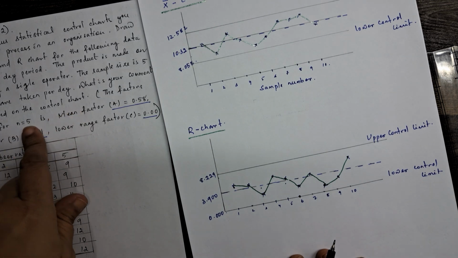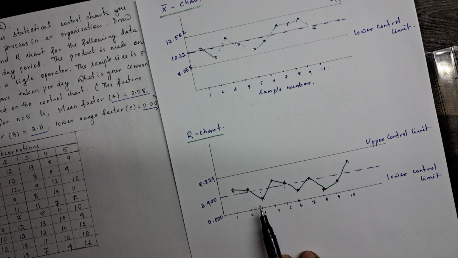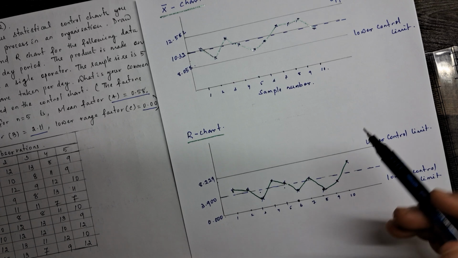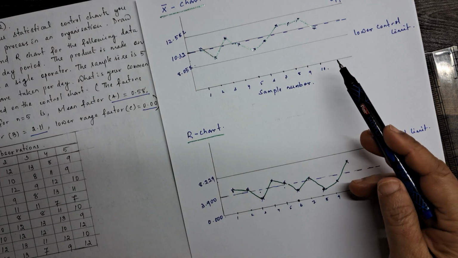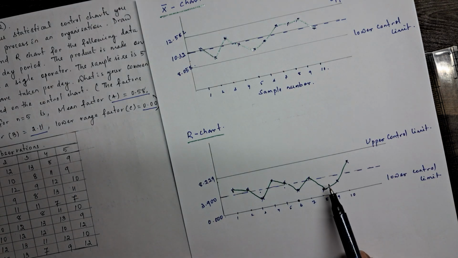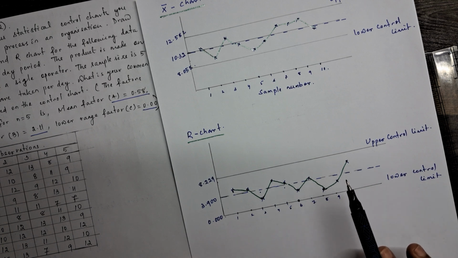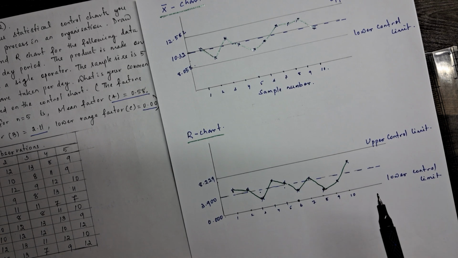The factors of the control charts are given. So we can say all the points of the X bar chart are within the control limit. All the points of the R chart are also within the control limit. So this chart is completed.